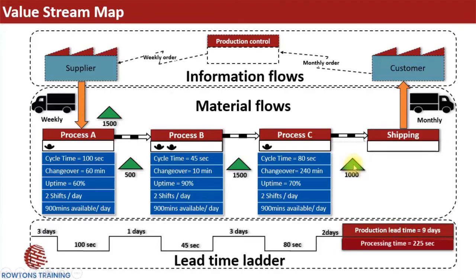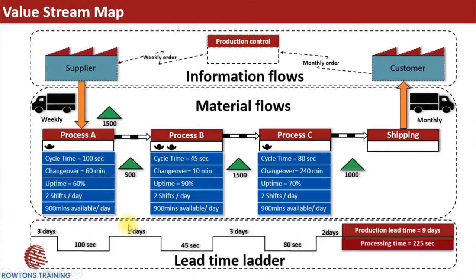And the final part of a value stream map might be to give an idea of typical timings of work going through our processes. So this could be that there are 3 days of raw materials kept in front of process A, whereas the actual processing time of process A is only 100 seconds, shown here as well.